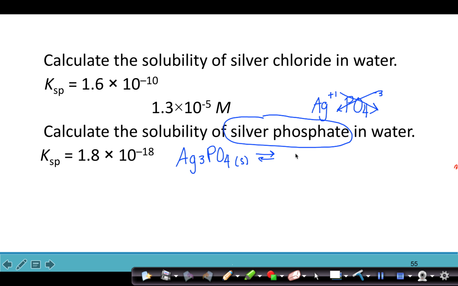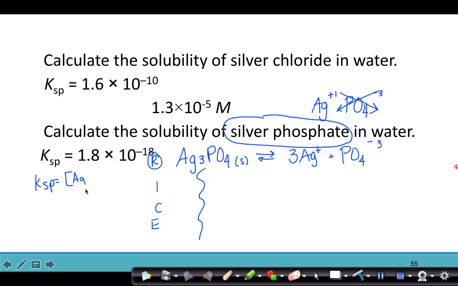So this reaction is going to be 3 Ag plus PO4 minus 3. Again, remember, solids drop out.